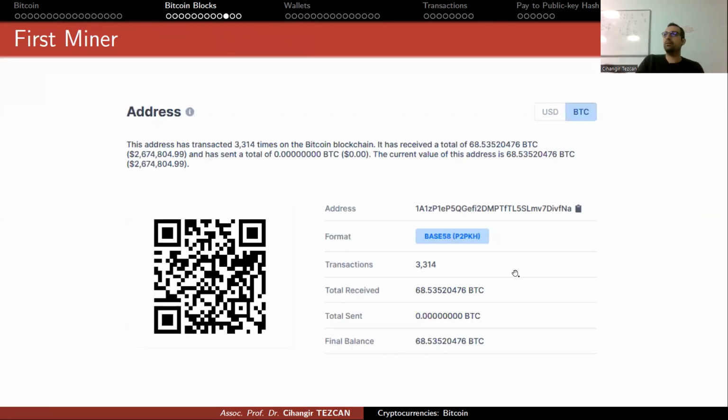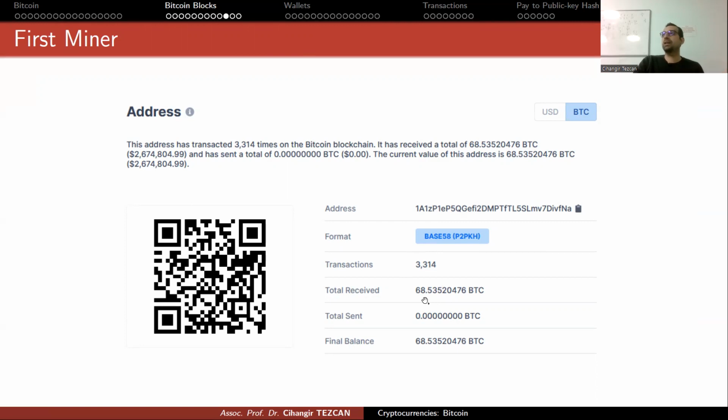So you might think, a few minutes ago I said that somebody can prove that they are Satoshi by spending it. Now I'm saying that they cannot spend it. Actually, that address received many Bitcoins in the past. There are more than 3,000 transactions where people sent money to this account. This is why the total received is not 50 Bitcoins, but larger than 50 Bitcoins.